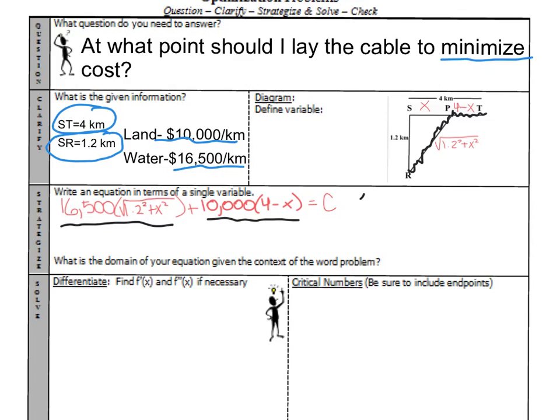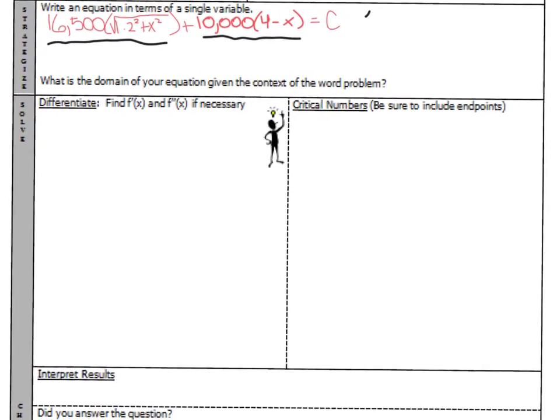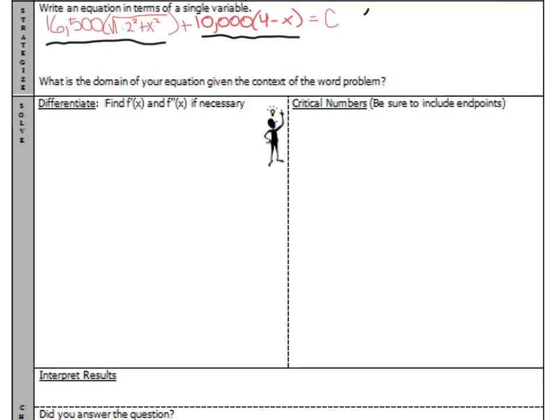So let me shrink this down so I can get a little more space to write here. So then the derivative of this function. We have a little chain rule going on here. So we're going to have 16,500 times 1/2. Bring the 1/2 in the front. Quantity in the inside stays the same, so it would be 1.444 plus x squared.